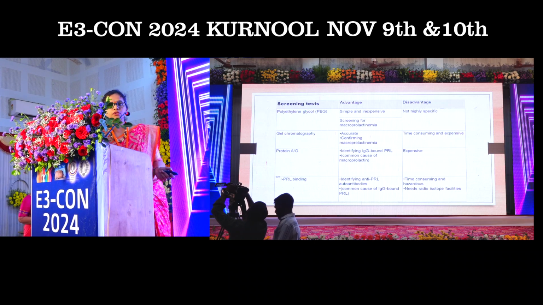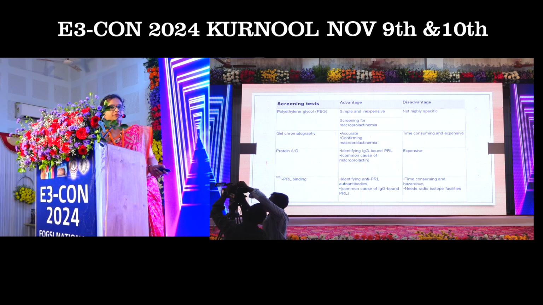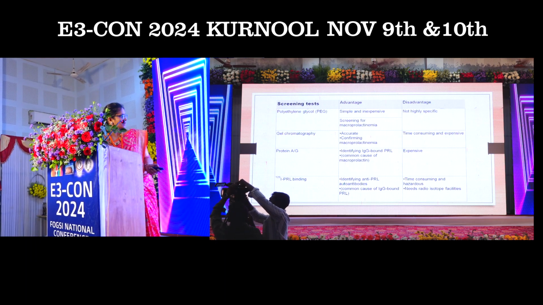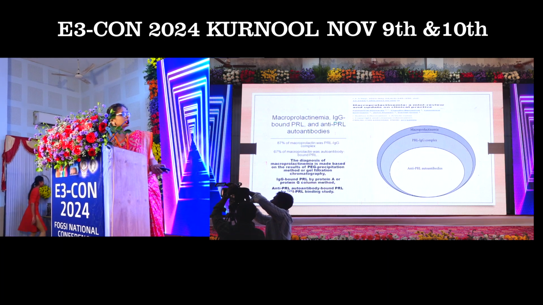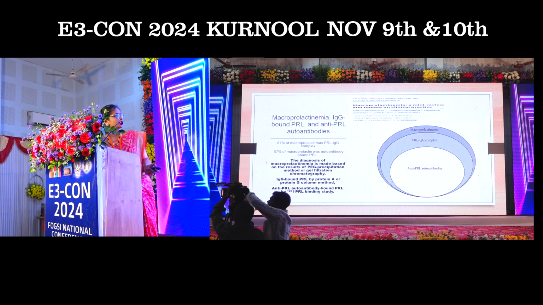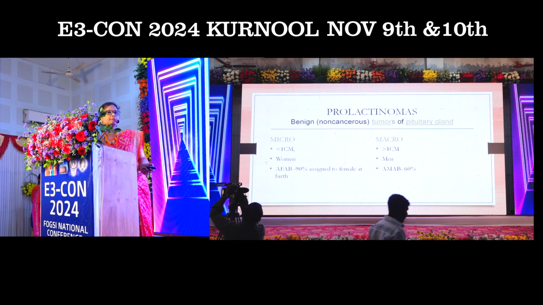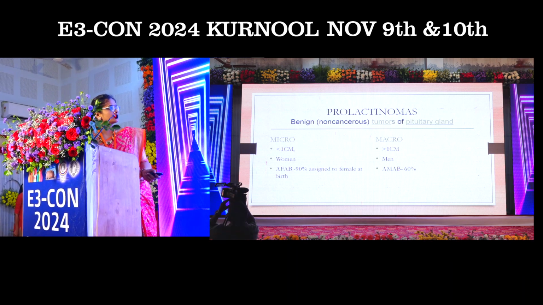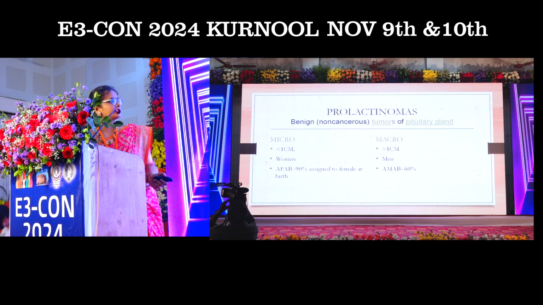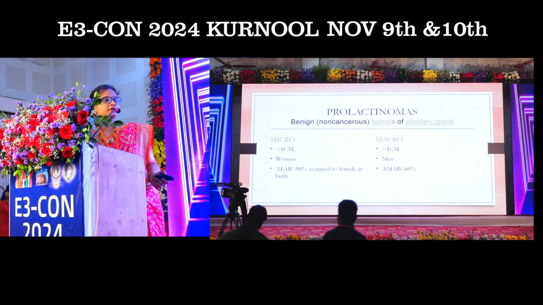Macroprolactinemia is checked through polyethylene glycol precipitation and gel chromatography, and IgG-prolactin we used to check with protein A and G, and later we have to check the anti... women actually. So in men, macroprolactinemias are seen.